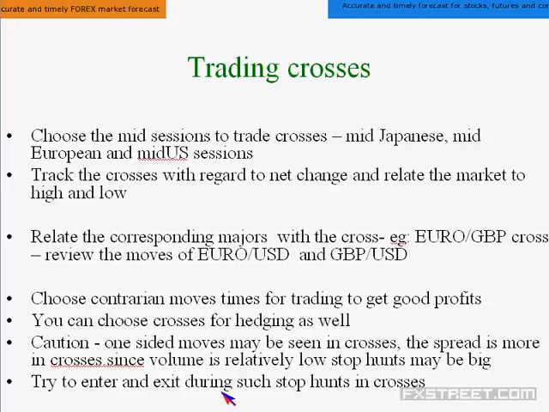Then try to enter and exit during stop moves in the case of crosses. I explained with regard to the Euro GBP position: during the European session, 0.8812 was the high, still is the same high, and earlier it was about 10 pips positive net change. I was expecting a breakout on the upside in Euro GBP.